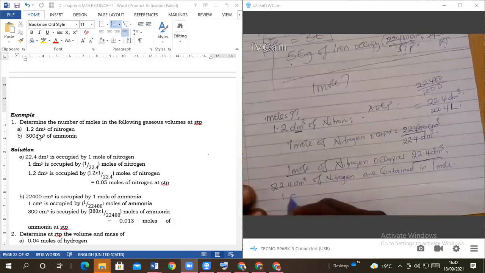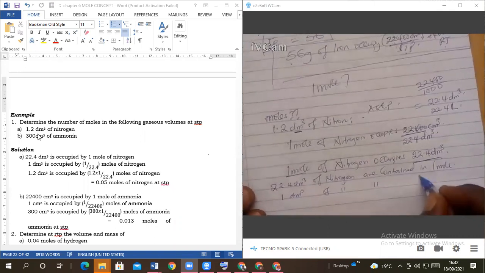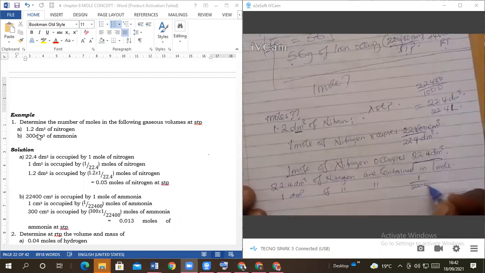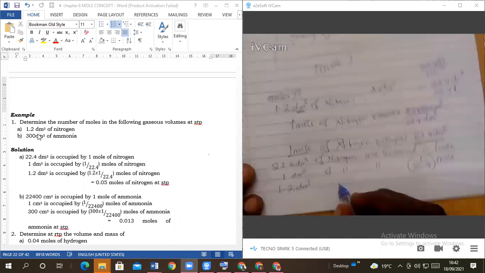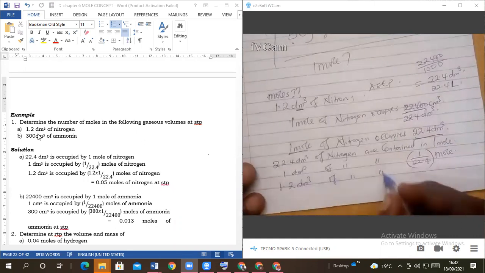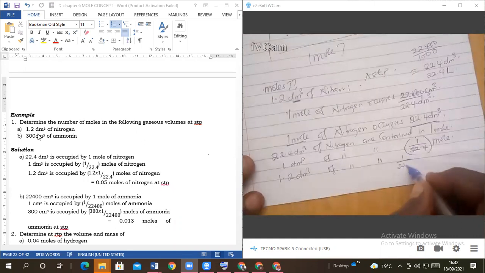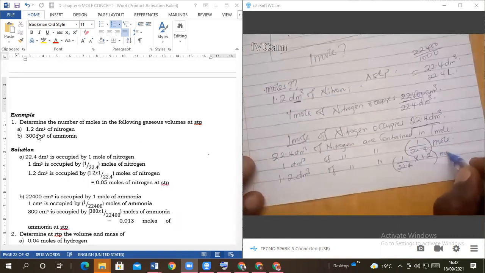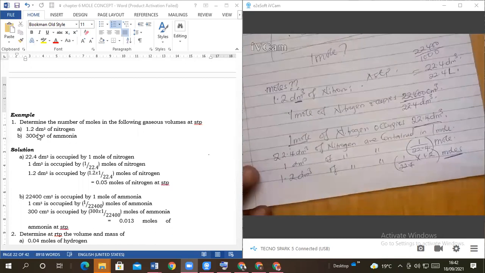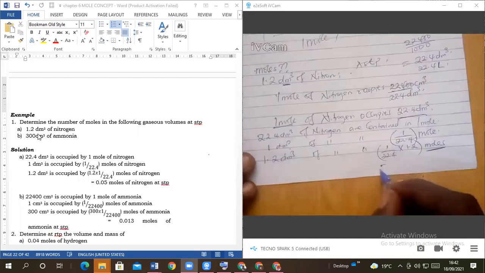What about 1 decimeter cubed of nitrogen? It is contained in 1 out of 22.4 moles. Ask yourself, what about 1.2 decimeters cubed of nitrogen? It has 1 out of 22.4 times 1.2 moles. So what is the answer here?